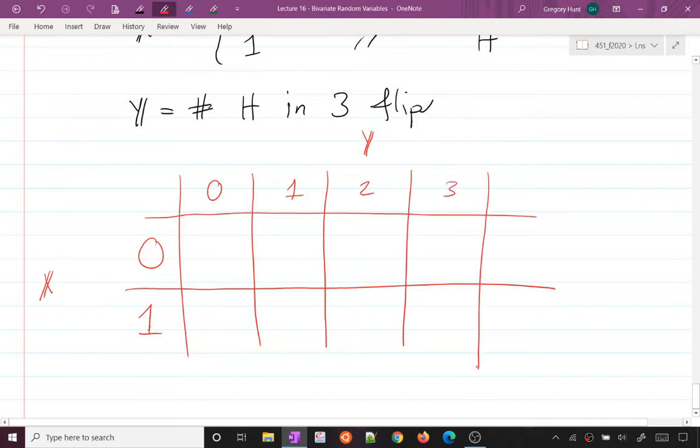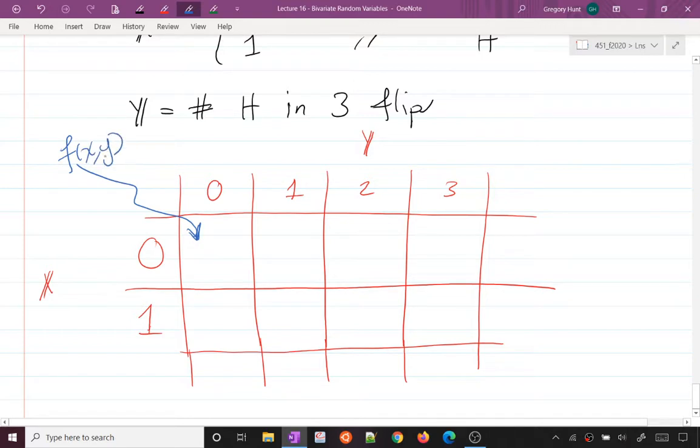Let's just extend our table a little here. We're going to need that in a second. So what I'm going to do is fill in each of these squares here with my joint PMF. For example, what is the probability that y is 0 and x is 0? Or what is f of 0, 0?